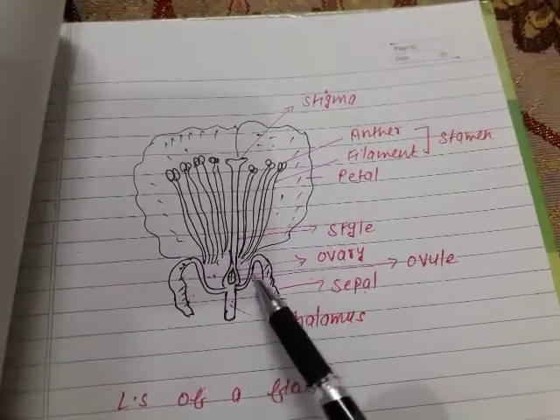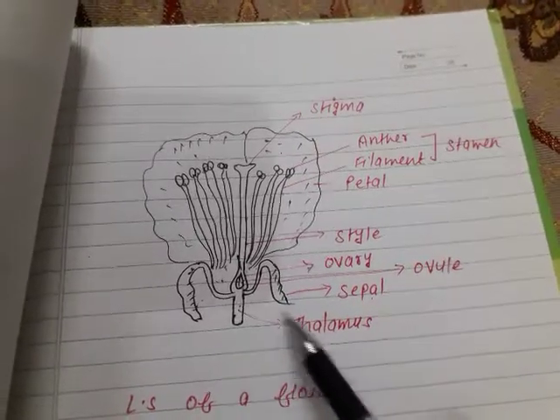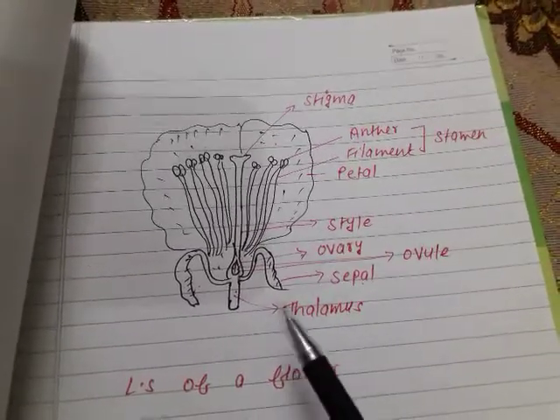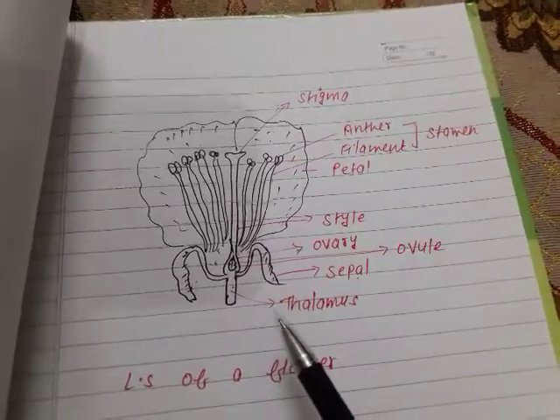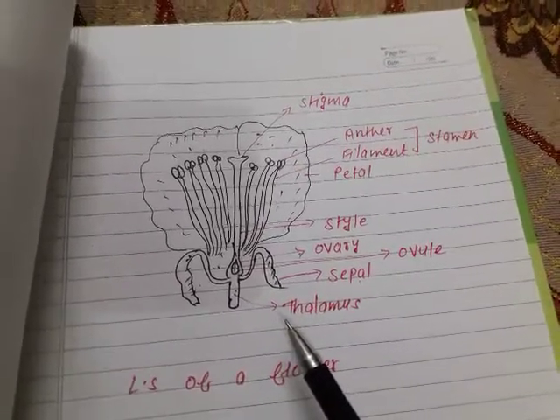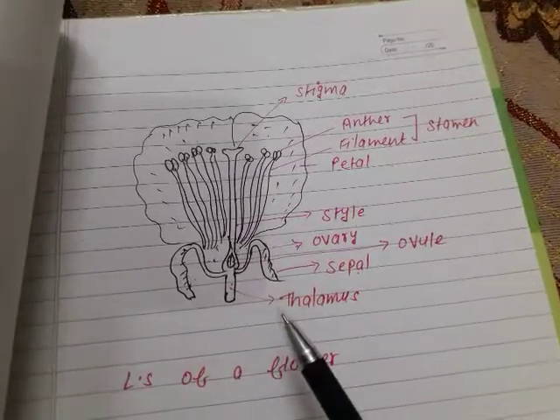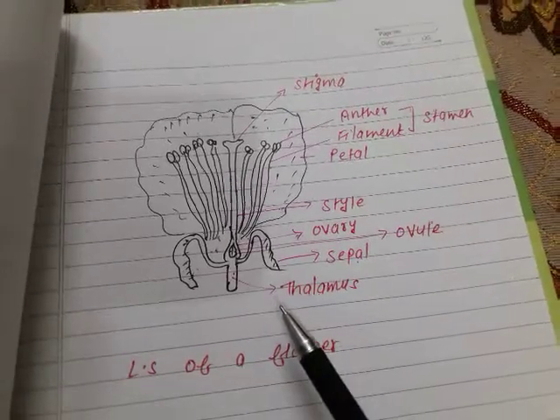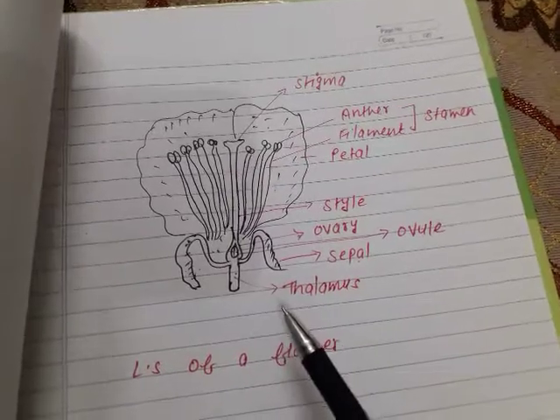Inside the ovary is present the ovule. And this is the thalamus. So this was about the parts of the flower. Next we will do sexual reproduction in flowering plants. We will start with the first event, pre-fertilization events, which include the formation of microspores in the male and the formation of megaspores in the female.